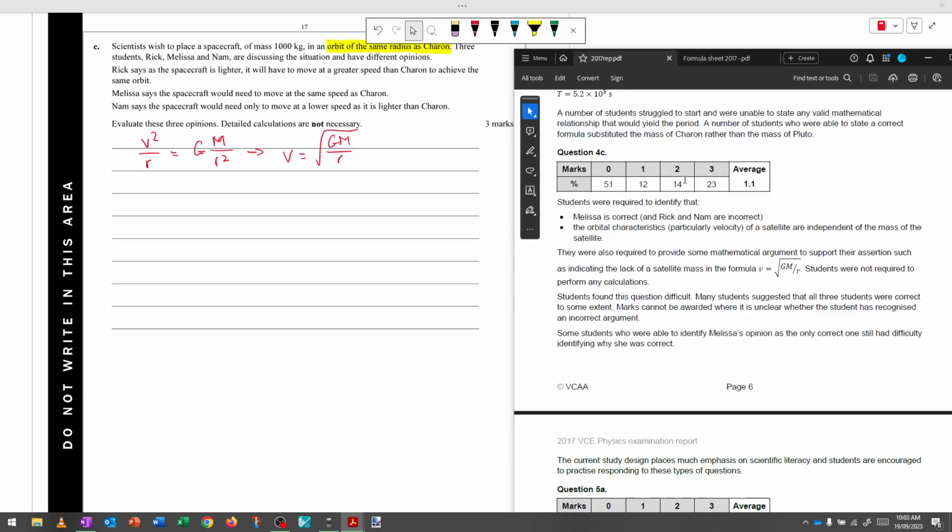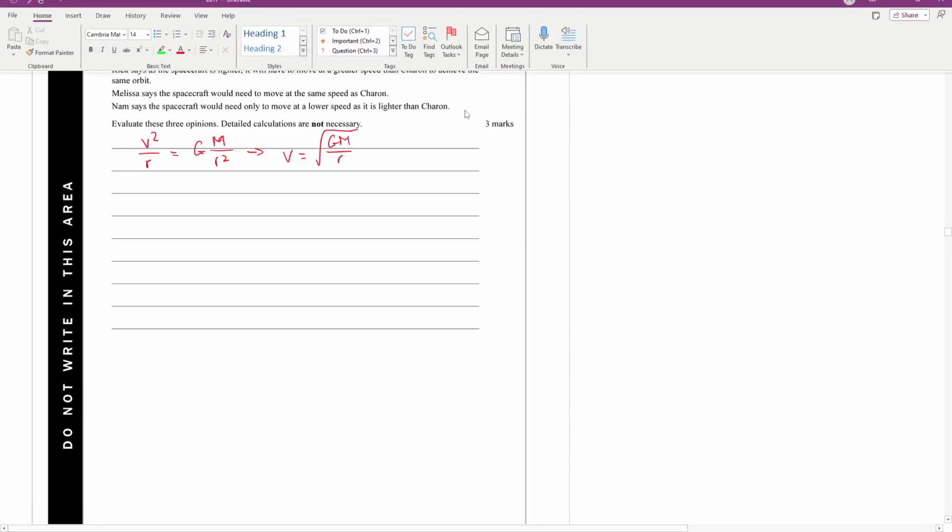So that's maybe where those 2 marks came from, saying, yeah, all right, Melissa's correct, but then not expanding on that or providing an argument as to why she is correct. Hopefully my explanation, as well as this one, has helped you understand the answer to that one. All right, let's keep going.